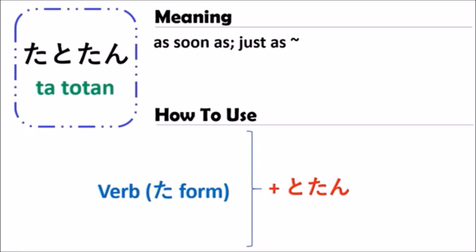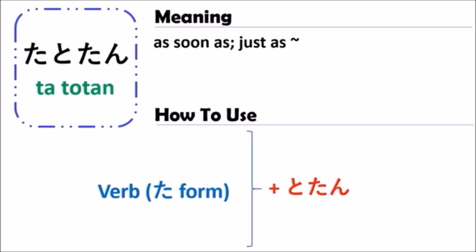That means when you use the grammar of Totan, you use the verb in the past tense form, followed by Totan. It has the meaning in English such as soon as or just as.